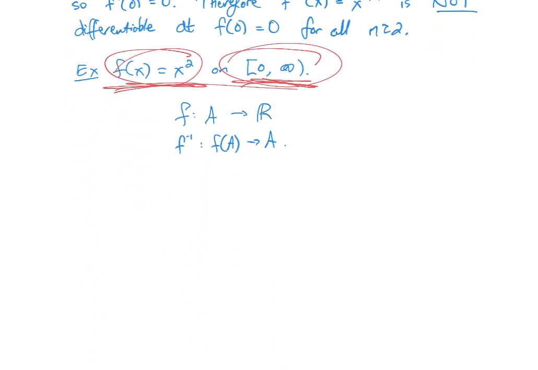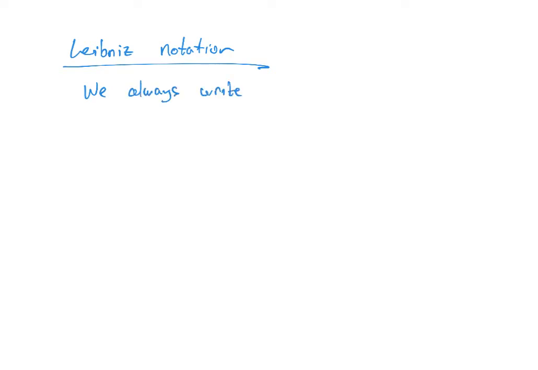Now, what I want to say, briefly, is about Leibniz notation, which we're going to talk about just a little bit. We always write f prime for the derivative of f.